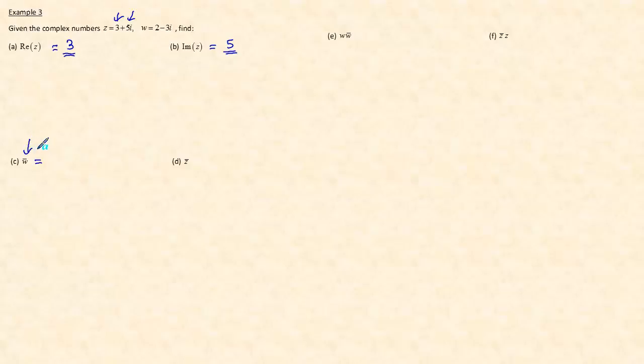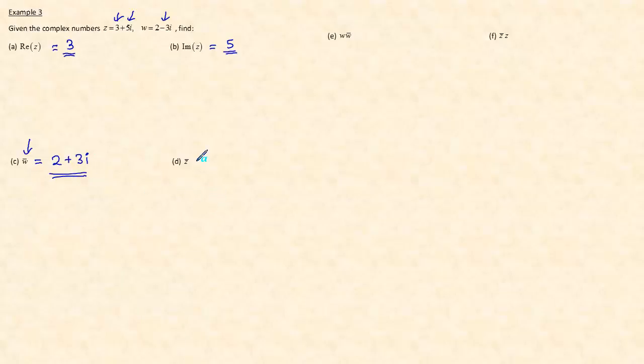w bar, which is known as the conjugate of w, has the same real part as w, but the imaginary part changes in sign. So this is 2 minus 3i, so the conjugate is 2 plus 3i.